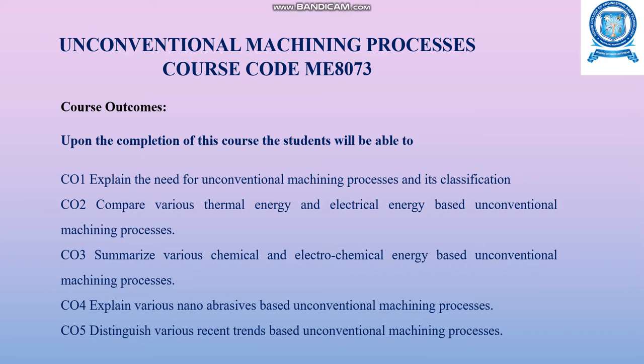They will be able to summarize various chemical and electrochemical energy based unconventional machining processes, explain various nano abrasives based unconventional machining processes from unit 4, and from unit 5 distinguish various recent trends based unconventional machining processes.